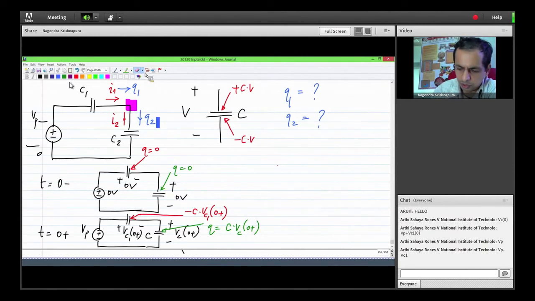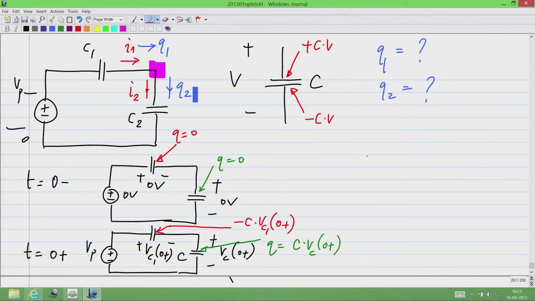Q1 is what goes from here to there when it transitions from t equal to 0 minus to t equal to 0 plus.